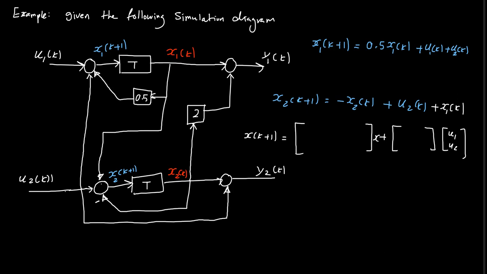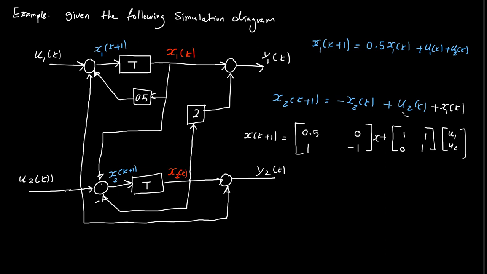So the first one here is 0.5. I'm reading the first equation. I don't have x2, so 0. I have 1 and 1 as the gains for the first and the second input. In the second line, for x1 I have 1, for x2 I have minus 1, and I have only the u2, so this would be 0 and 1.